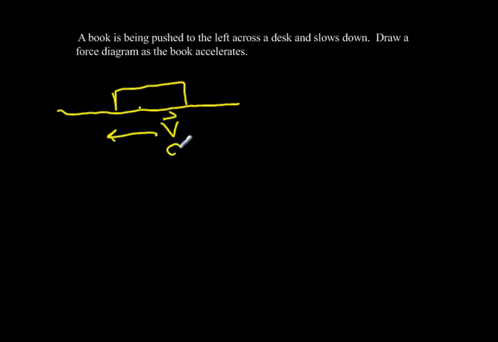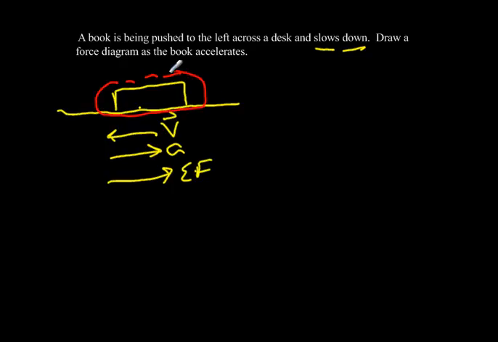So that means my acceleration needs to be in this direction, opposite that, because I'm slowing down. And that means this is also going to be my net force. So as always, I identify my system. You can circle it or use a dotted line, it doesn't really matter. Draw a box.